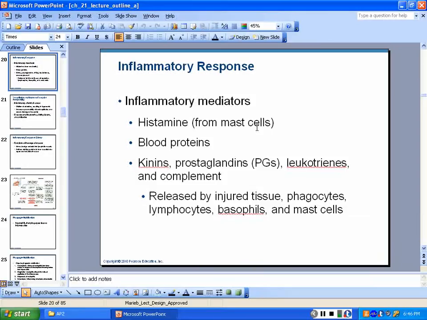It makes it easier for the fluid to rush out of the capillary and into the tissues. And if you want to get more fluid out of the capillary and into the tissues, what are you going to do to the blood vessel? You're going to dilate it, vasodilation. So the other thing that histamine does is it stimulates vasodilation.